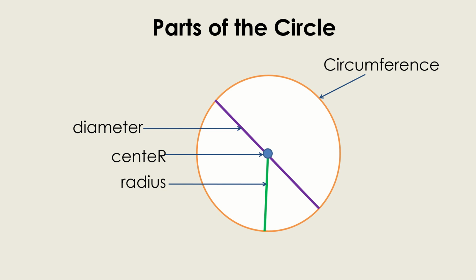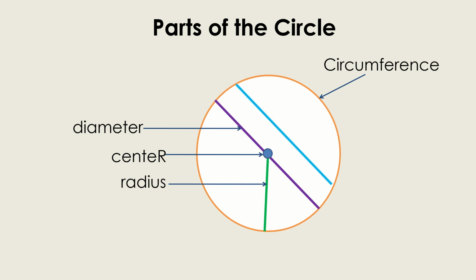What else does the diameter do? It divides the circle into two equal parts. And lastly, the measure of the diameter is twice the measure of the radius of the circle.